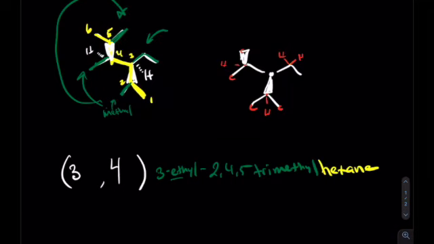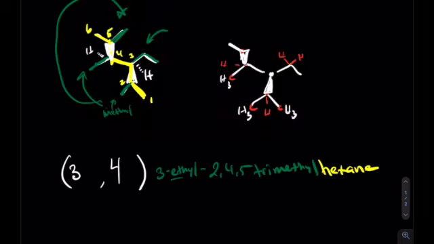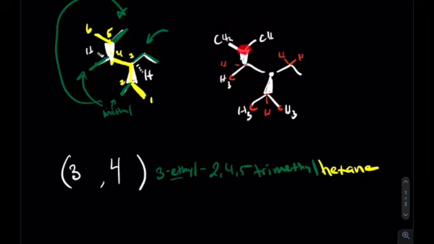And if we continue drawing these, we can see that these are actually CH3s, and this is a CH3, but this actually keeps going. This keeps going, and you get additional carbons. This is actually a carbon here, and this is a carbon here. So that means all the way out here, you've discovered this is the higher priority branching, because those then go off to carbons, whereas these all terminate in CH3s.